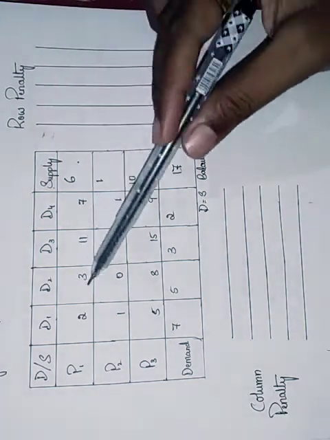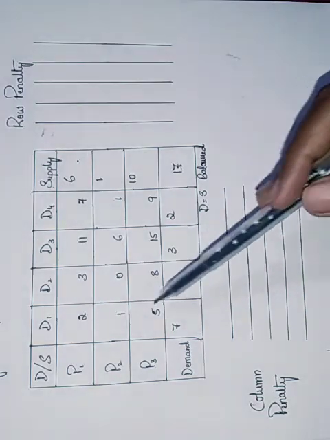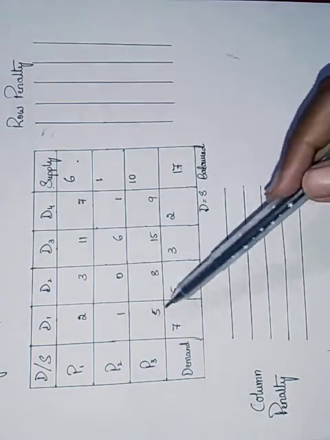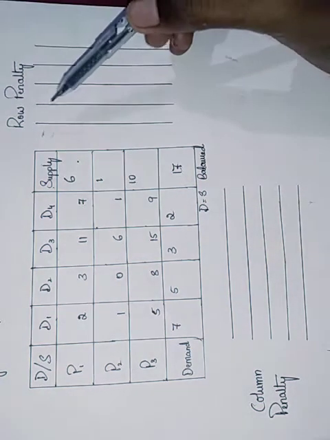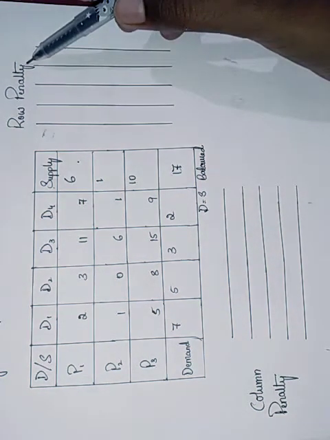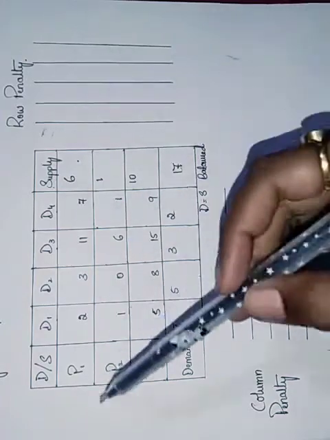Now the first step while solving Vogel's approximation method is that we need to identify the difference. When we identify the difference in case of rows, that is called row penalty, and when we identify the difference in the column cells, that is column penalty. First, row penalty, which is our first row, plant 1.